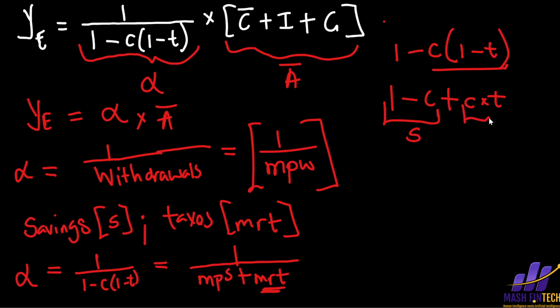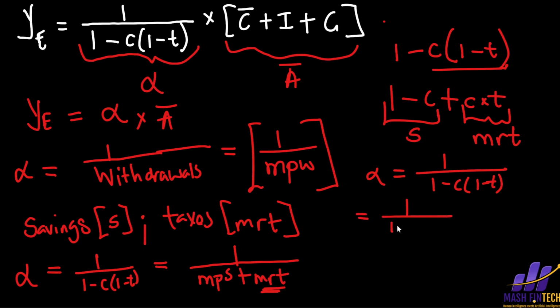This marginal propensity to consume times the tax rate is what I'm referring to as the marginal rate of taxation. So our multiplier would then be 1 over 1 minus c, 1 minus t, which is the same as 1 over s plus c times t, which is 1 over the marginal propensity to save plus the marginal rate of taxation.